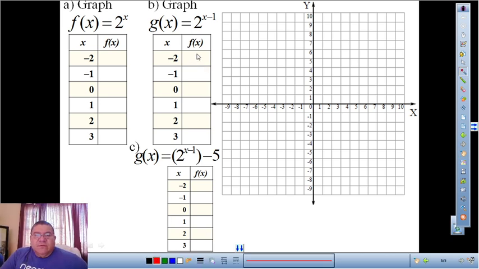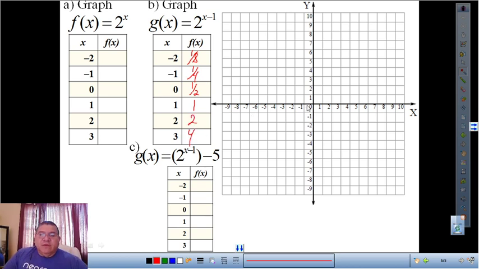Negative 2 was 1/8. Negative 1 was 1/4. 0 was 1/2. 1 was 1. 2 was 2. And 3 was 4. So let me plot that really quick.